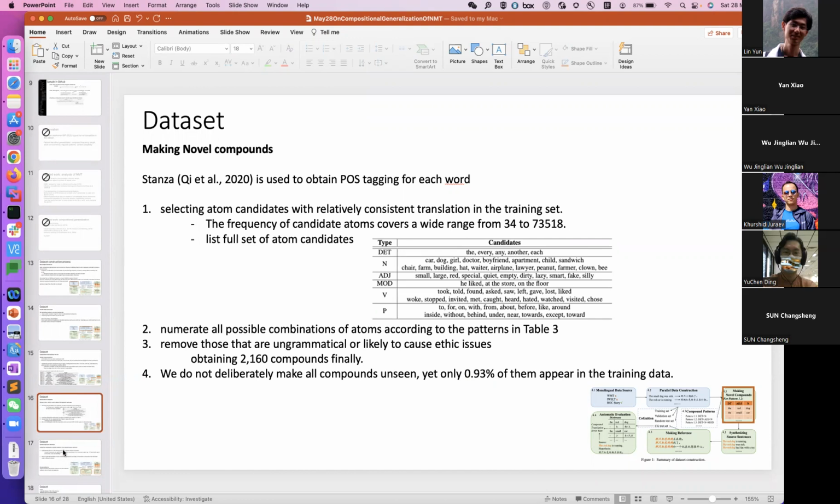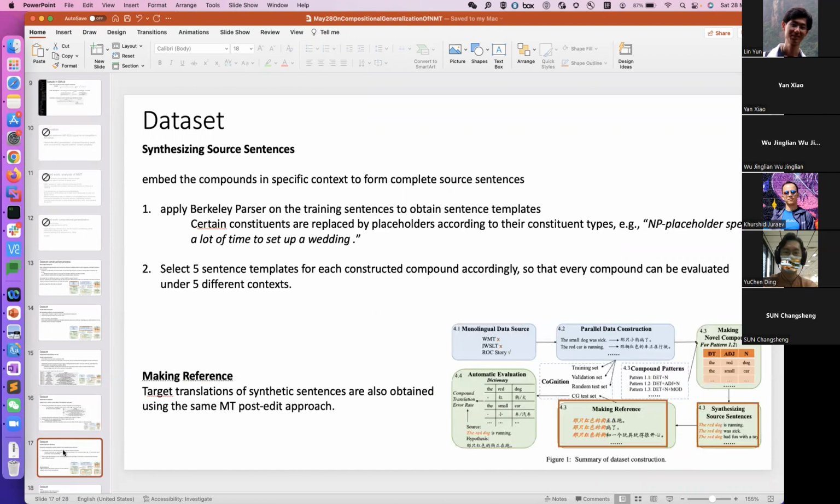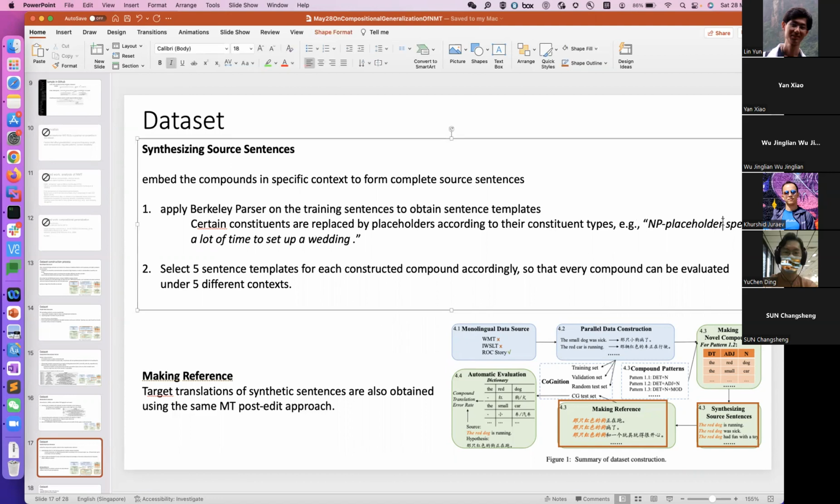So let's go back to the previous questions. When we are using the Berkeley parser to find the compounds, why do we need to replace the whole compound with another compound? Here the example is "NP placeholder spend a lot of time to set up a wedding", and which part is a compound? NP placeholder. After you replace, it's a compound. But does this compound appear in the training data set?